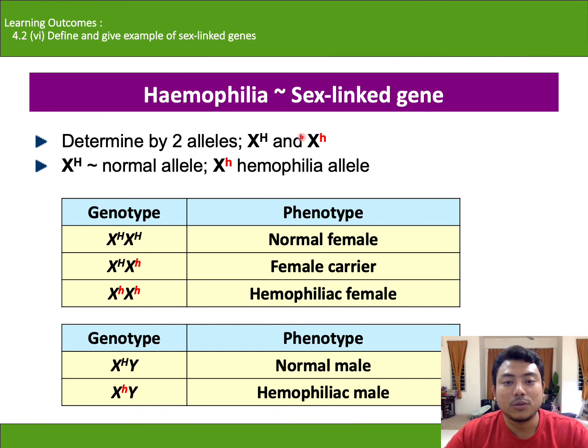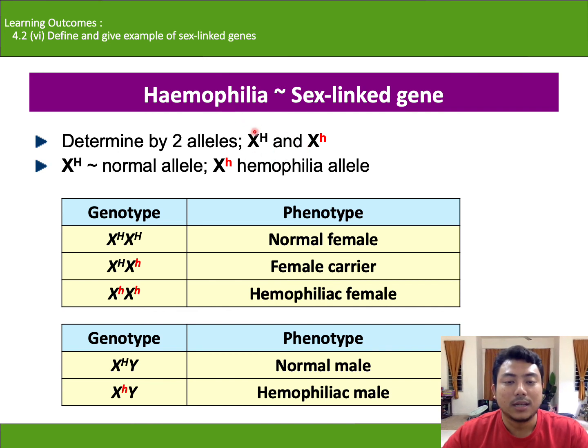This is how you write the genotype for hemophilia: capital letter X with capital letter H on the superscript, meaning the smaller size at the top right corner, and X with small letter h for hemophilia. So X capital H is normal, X small h is the hemophilia allele.